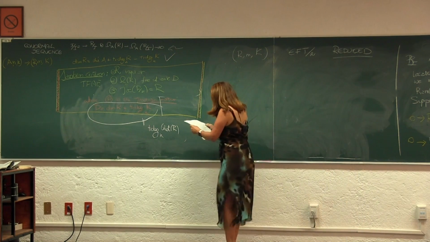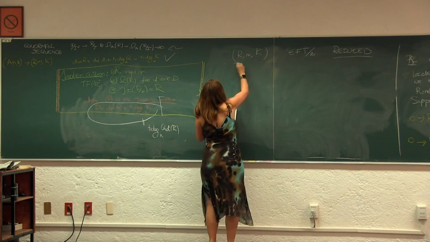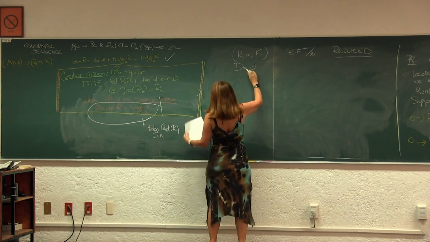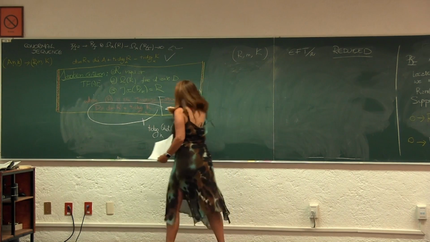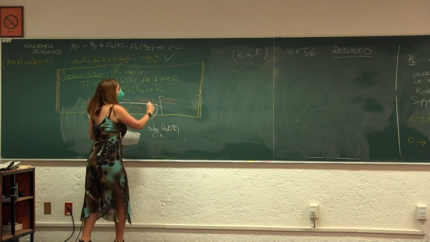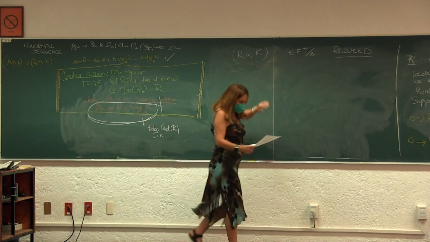All right. And obviously, remember, D is the usual number, 0, so you don't have to write it. D is 0. So this is the situation.